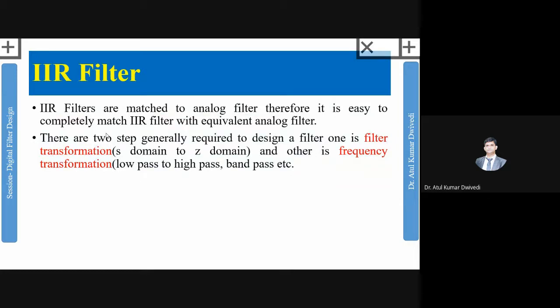Okay, so IIR filters are designed from transformation, from analog. There are two methods. You can design directly in the frequency domain, and one method is the bilinear transform, where you design in the analog domain and then transfer to the Z domain.